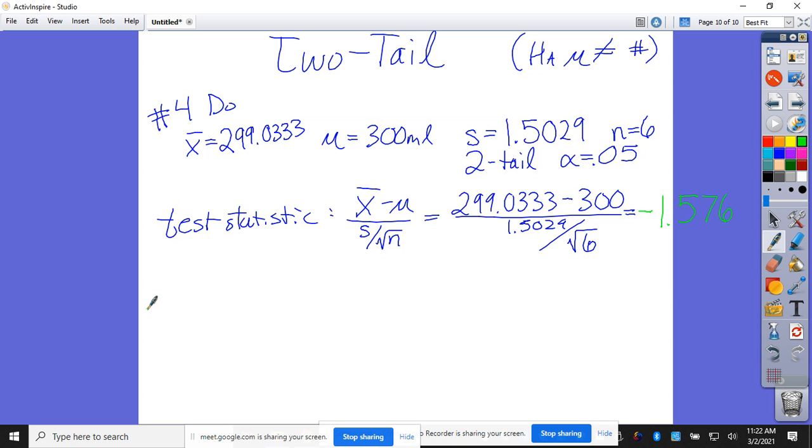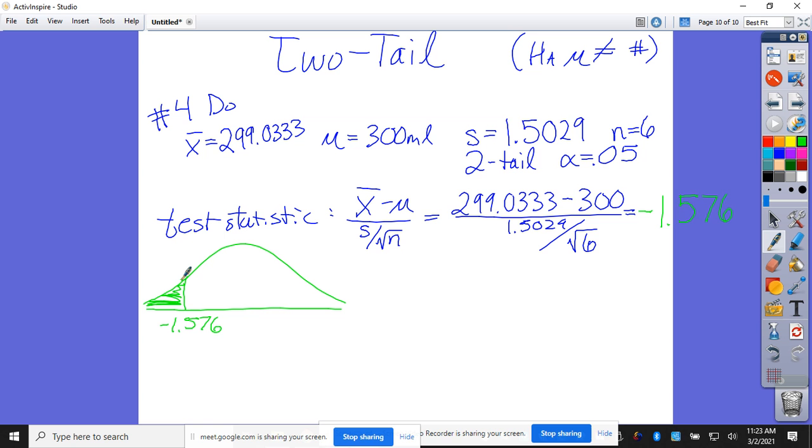So in your calculator, that's negative. So I'm going to go ahead and write my negative one. The way we did our calculator just now, what button am I going to go to in my calculator? You're going to go to second distribution and go to what? But are we doing normal now?